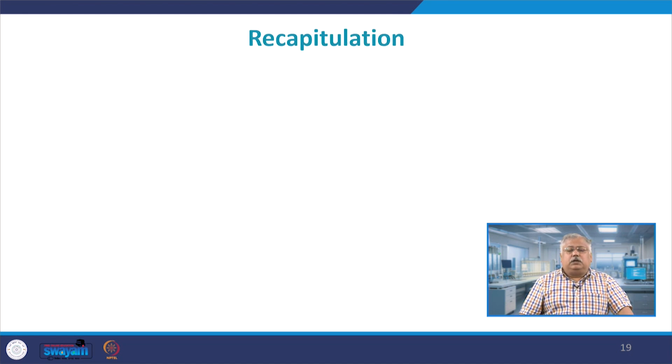So with this we will recapitulate what we learned. We learned about the junctionless transistor, the advantages of the junctionless transistor, how junctionless transistors are fabricated, and what is the meaning of a highly well defined nano ribbon or a silicon nano ribbon.